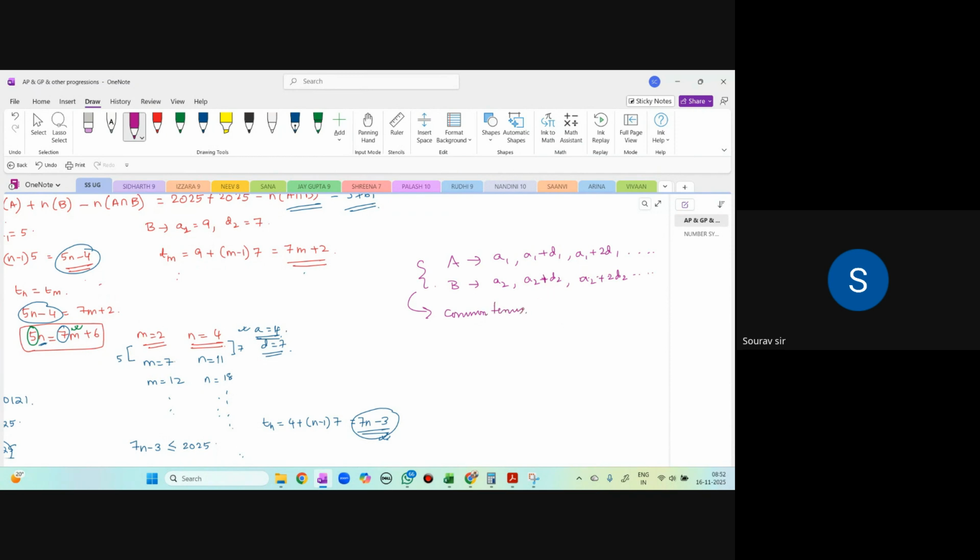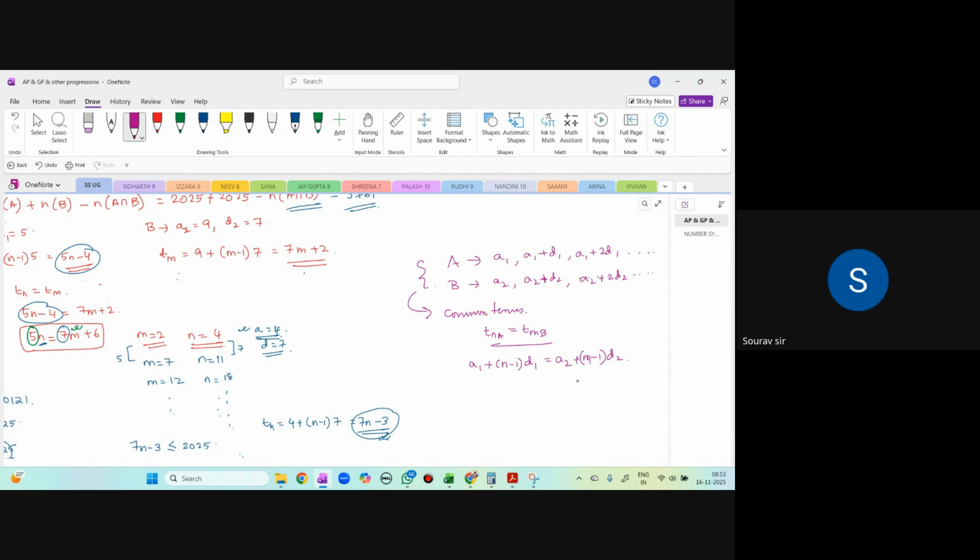we find the common terms by doing this. Tn of A equals Tm of B. This will give you an equation of n and m. So Tn of A would be A1 plus n minus 1 into D1 equals A2 plus m minus 1 into D2.